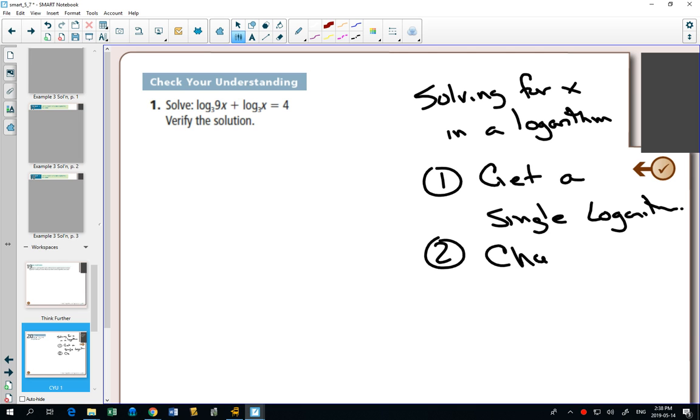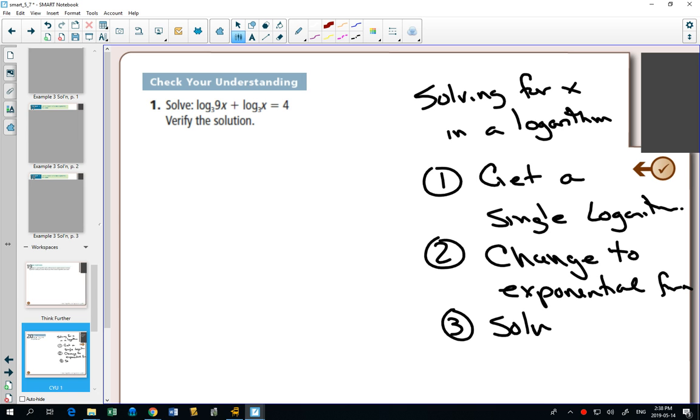Number 2, use the definition to change to exponential form. Once you do that, it's going to be easy to solve for x.